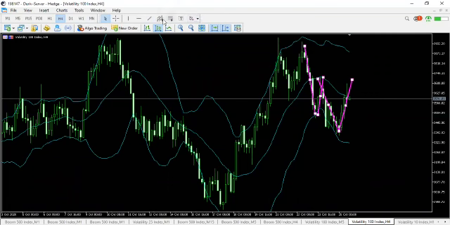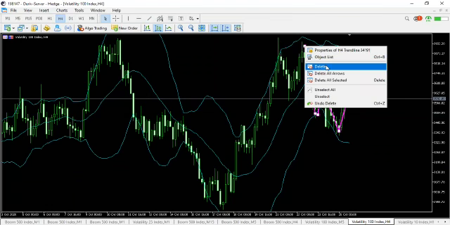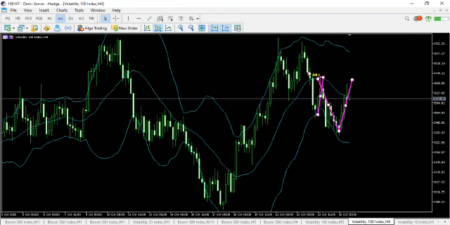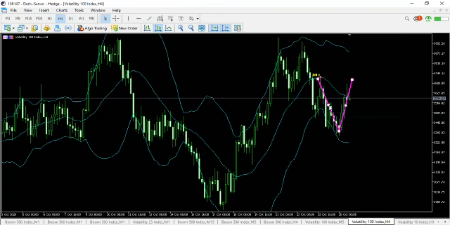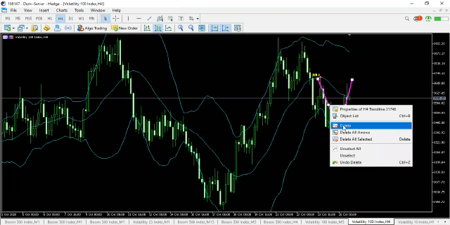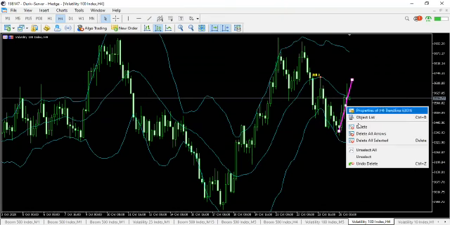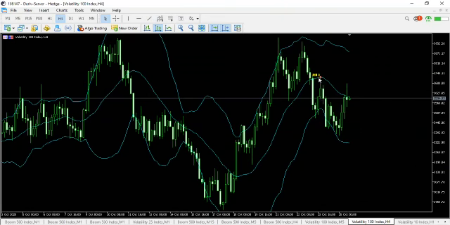Now let's draw the Fibonacci for that W. You pick up the tool, you bring it to the neckline. You click on it. The neckline in the W is the direct opposite of the neckline in the M. So while the neckline of the M faces downwards, the neckline of the W faces upwards.